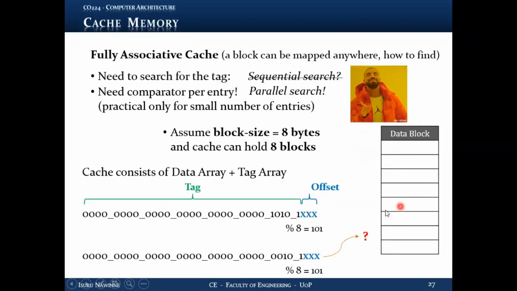If you have a smaller number of entries, like 8, which is a very small number, or 16, 32, 64, that is fine. But as you keep increasing the number of entries in the cache, you have to keep adding more and more comparators, parallel logic, which will add more and more wires and increase the length of those wires when you have to place everything in the chip.